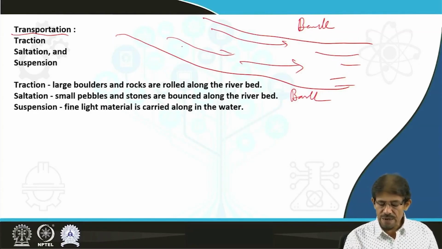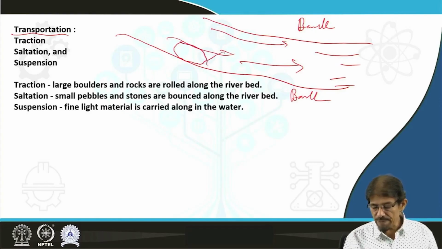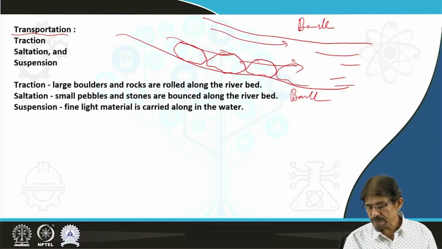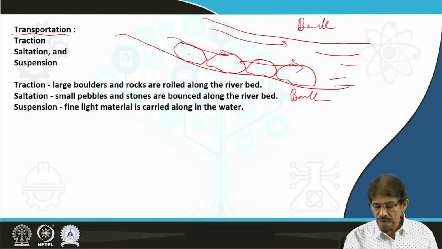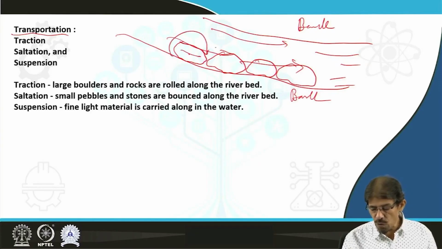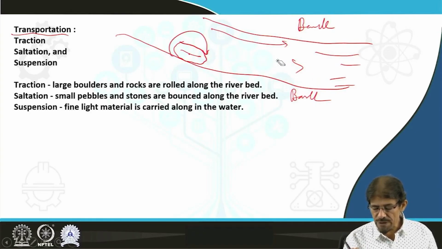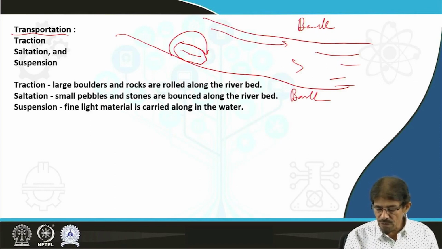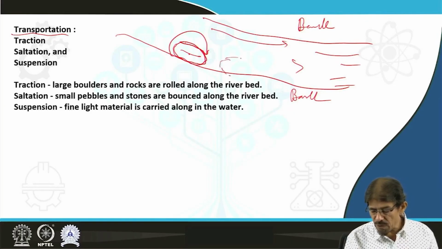Then there is transportation through sliding of the bigger constituents close to the bottom of the channel, through sliding and through rolling. Here I try to show with the help of this cartoon, suppose this boulder or gravel started moving from this point to this point.